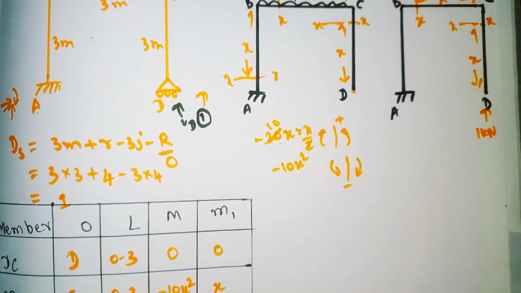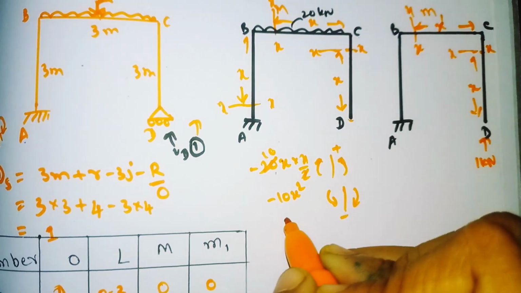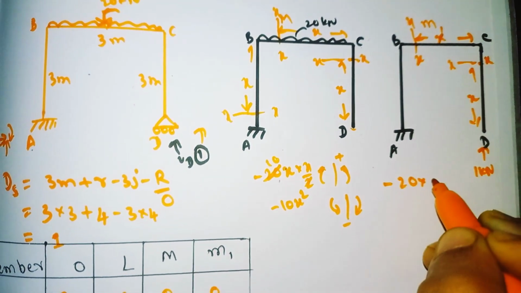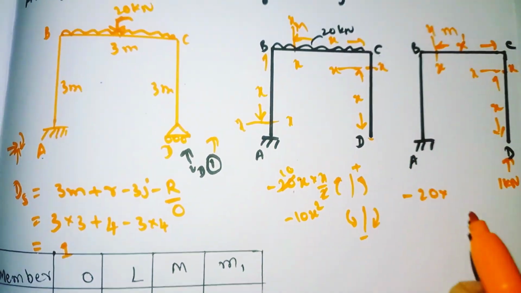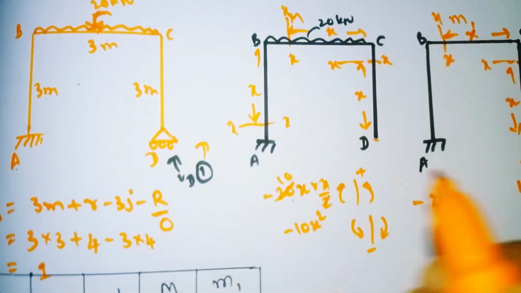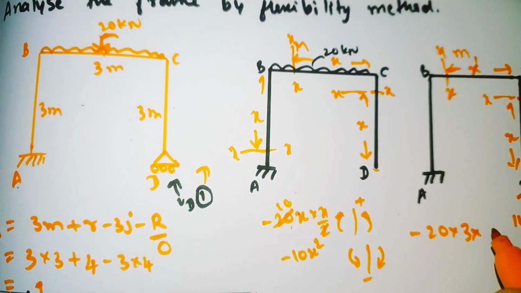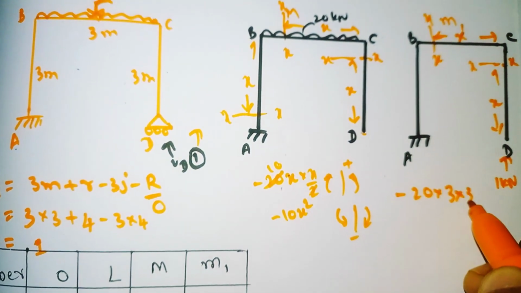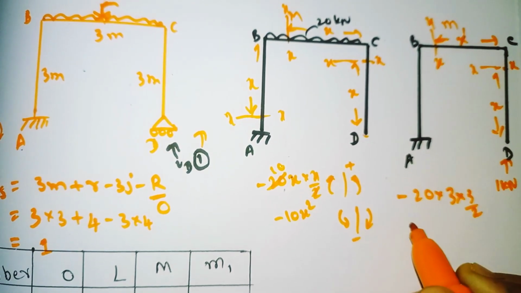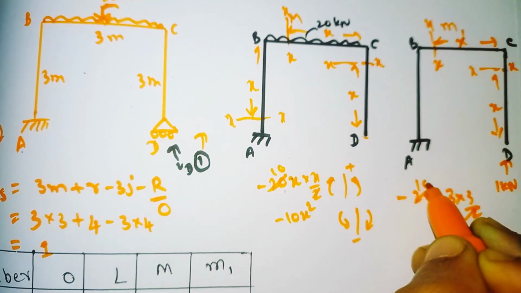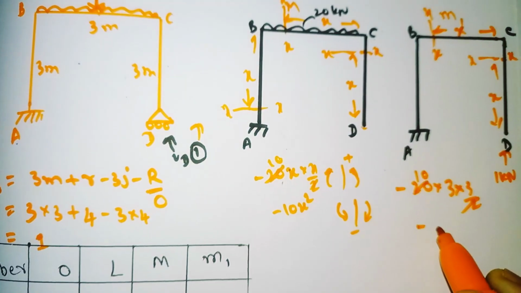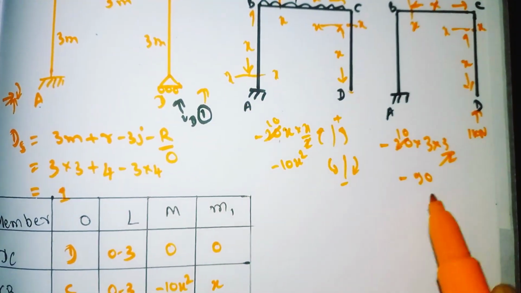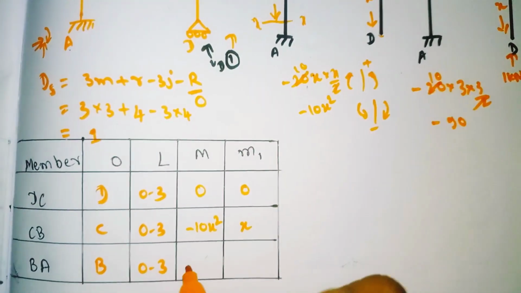So minus 20 into 3, since our BC distance is 3 meter, at a distance of 3 divided by 2, as the UDL always acts at L by 2. Simplify it, so it comes minus 90. For BA we have the value minus 90.